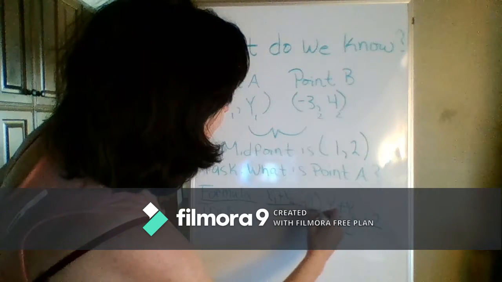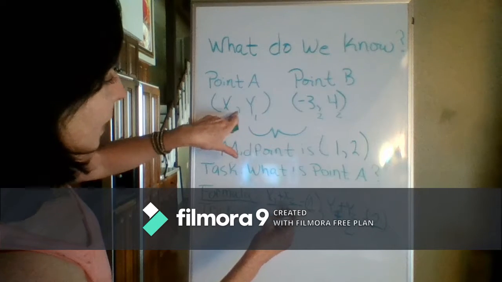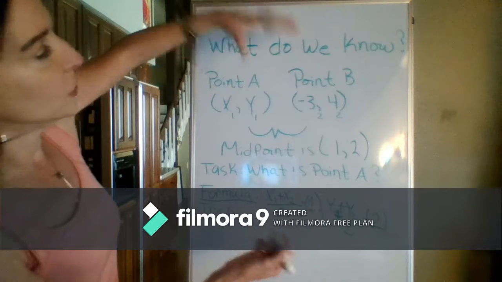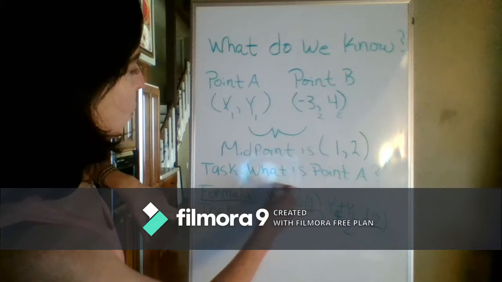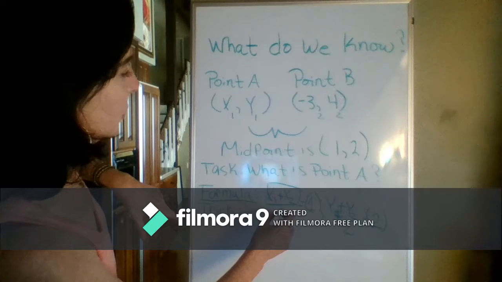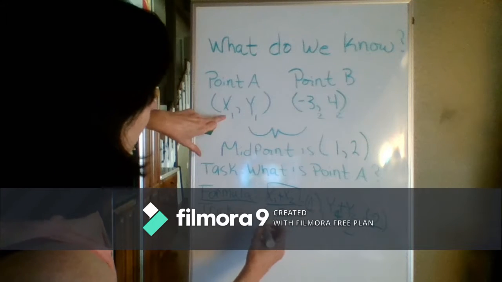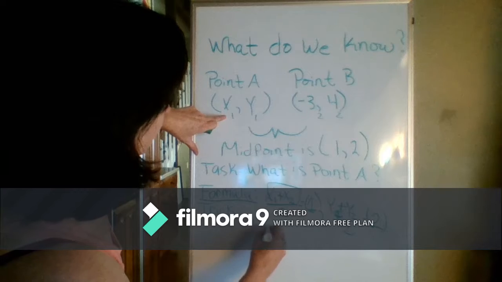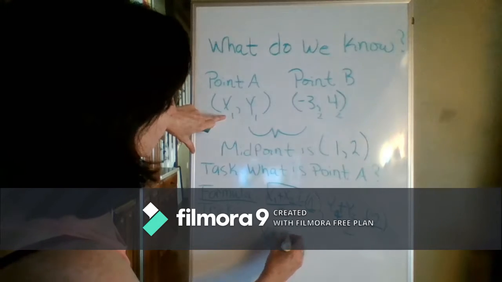So I need to come up with these 2 numbers, and I don't know my x1 and my y1 values. Pretty easy. You can do some algebra here, or you could simply ask, what number when divided by 2 is 1, and 2? So if we look at x1, I have to add -3 to it.